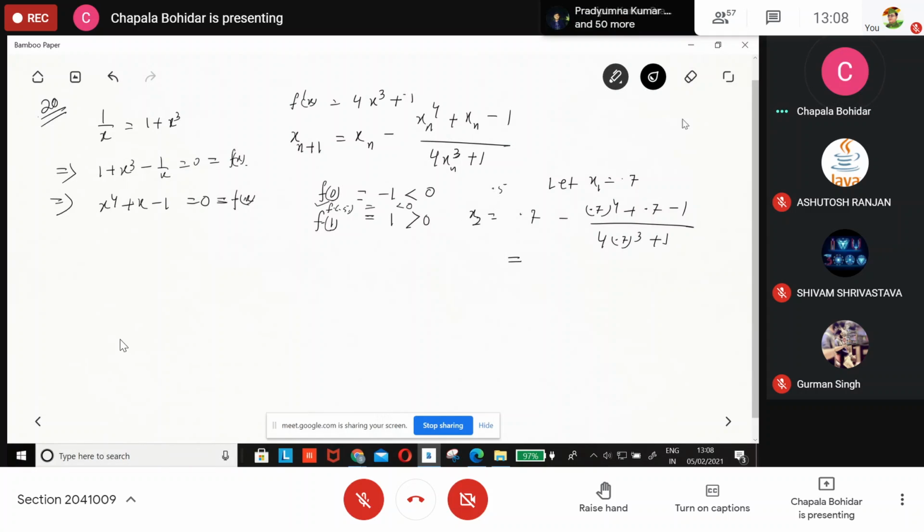What is the value? Tell me the value up to how many decimals. The question is given 6 decimals. Round it up and tell me the value.